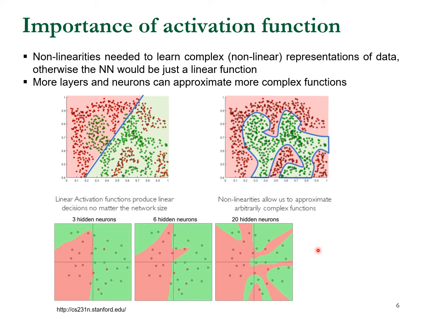But the problem is, if you increase them too much, then your network becomes too complex, and it causes an overfitting problem. If your model is too complex, your neural net is too big, it suffers from overfitting.